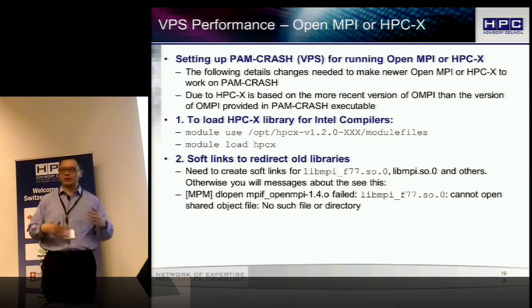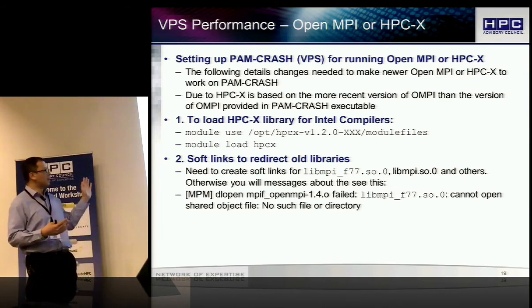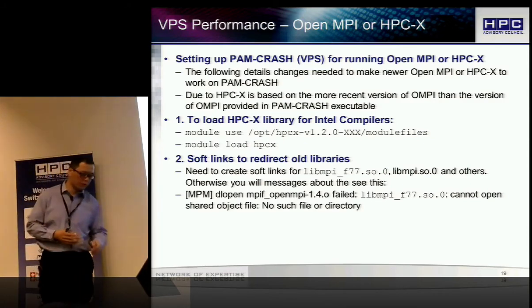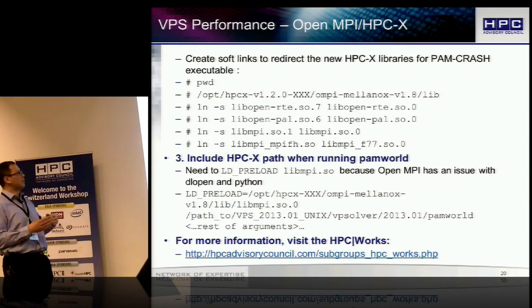So for me, it's getting interesting to try. I'm sharing the steps here in case you want to follow. It involves adding some soft links to make some of the shared objects that are not available in the latest OpenMPI work.